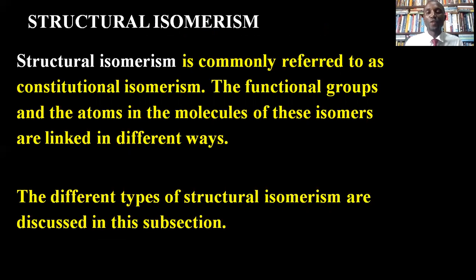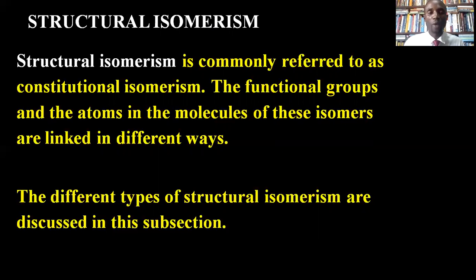Here, the functional groups and the atoms in the molecules of these isomers are linked in different ways. Different types of structural isomerism will be discussed below, as we saw in the chart.